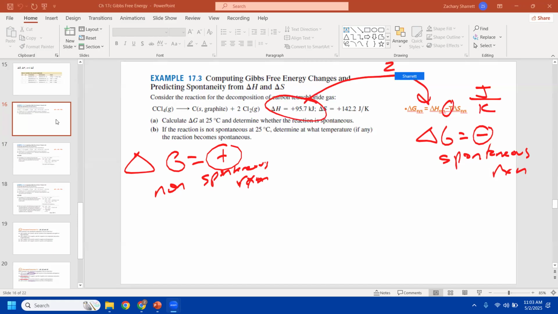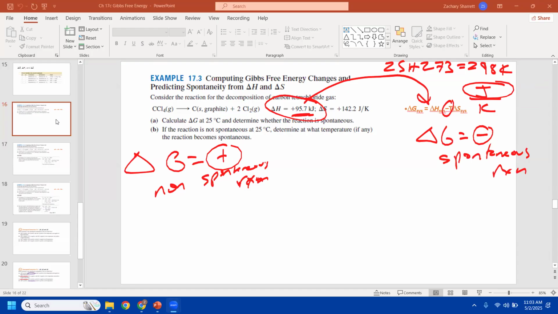So we convert 25 by adding 273, and that gives us 298 Kelvin, right? We're going to plug that into this equation, but the only thing is this will give us our answer in joules. This is given in kilojoules. So you can either convert joules to kilojoules or kilojoules to joules. I'm going to convert the kilojoules to joules.